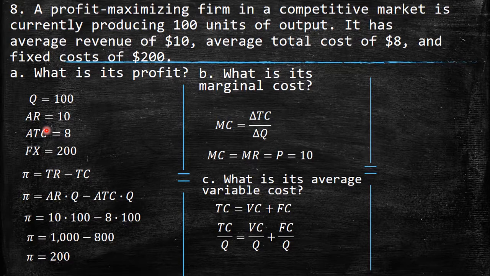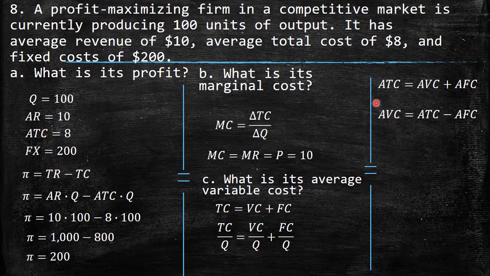You are dividing both sides by quantities. Then you'll arrive at the average total cost being exactly the same as the average variable cost plus the average fixed cost. Then you just isolate the average variable cost: it is equal to average total cost minus average fixed cost.